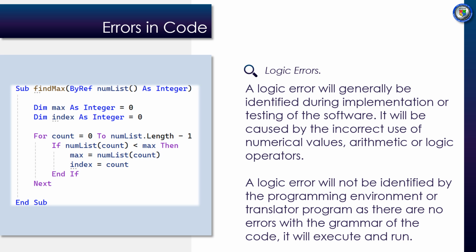It will execute and run. However, it will produce an incorrect output. In this example, we can see that the logic error occurs because our comparator operator is the wrong way around.